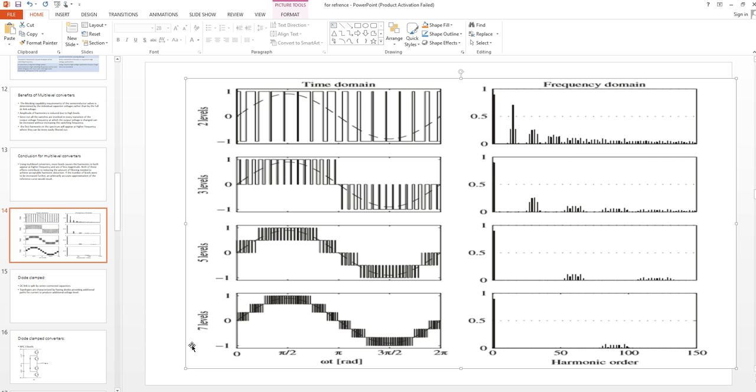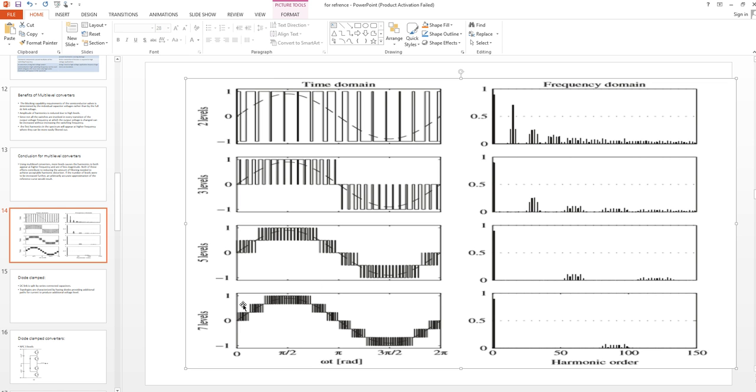And if we further increase the number of levels, like a 7-level converter, we see that the harmonics are at a higher frequency, so they can be easily filtered out, and the size of the filter required to mitigate these harmonics will be low compared to a 2-level or 3-level converter.